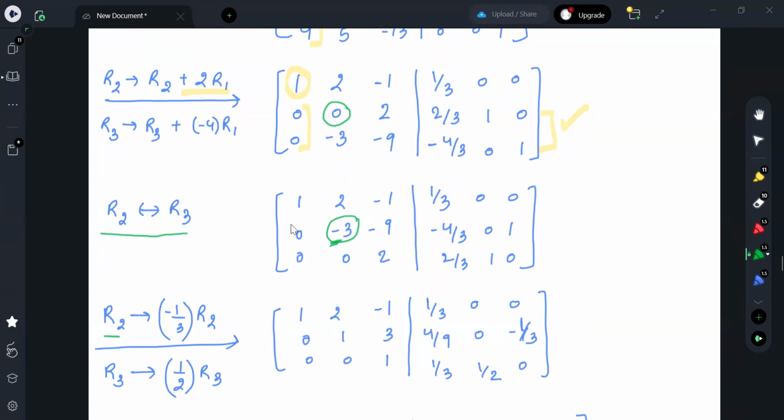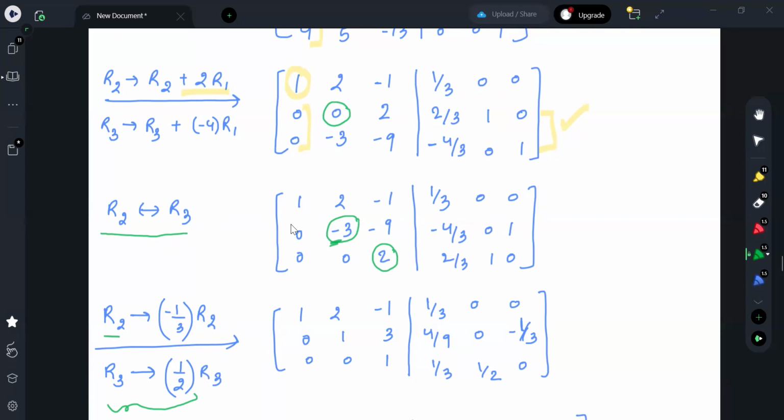Now in this step, I've done one way ahead, and I see a 2 in the last pivot position, and we know that we need to make this 2 a 1. So instead of making 2 row operations separately, I've combined them into one step. Because you see, row 2 and row 3 are independent of each other, right?